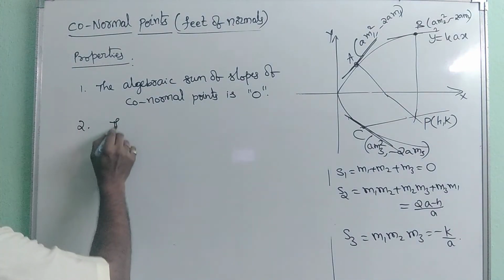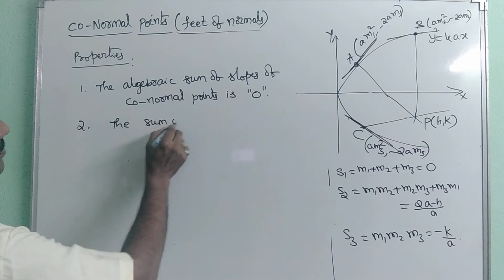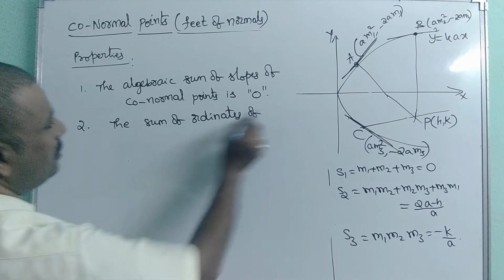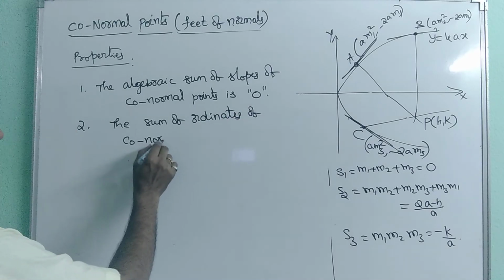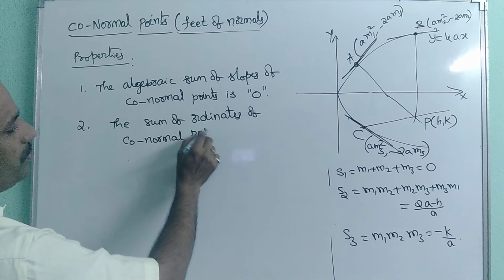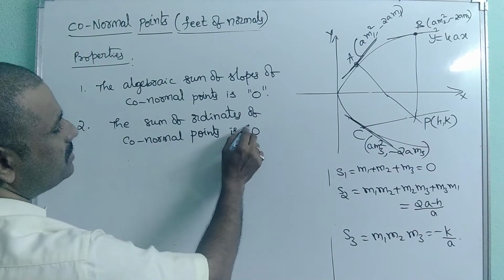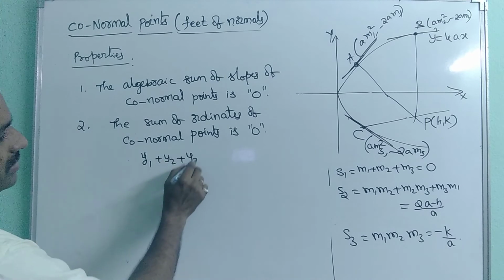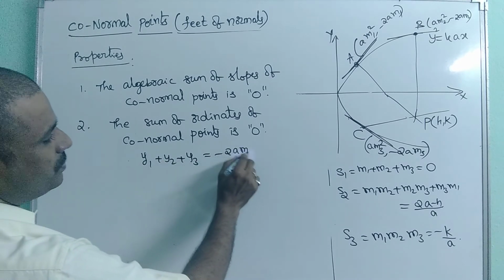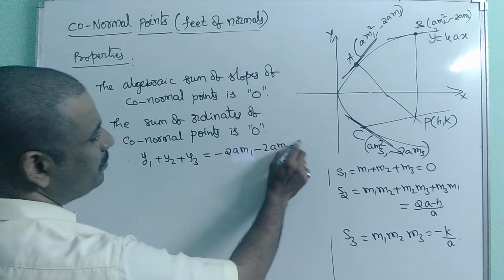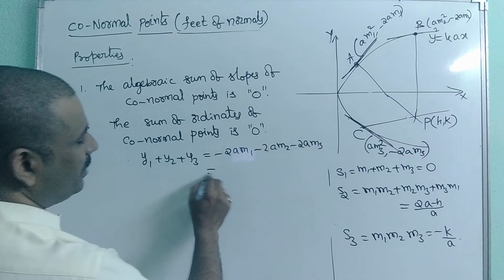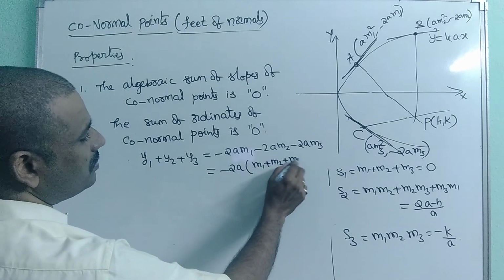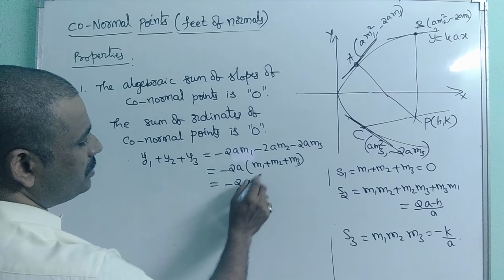And the second property: the sum of ordinates of conormal points is 0. What is the sum of ordinates? y1 plus y2 plus y3, which equals minus 2am1 minus 2am2 minus 2am3. Taking minus 2a common, that is minus 2a into (m1 plus m2 plus m3), which is minus 2a into 0.